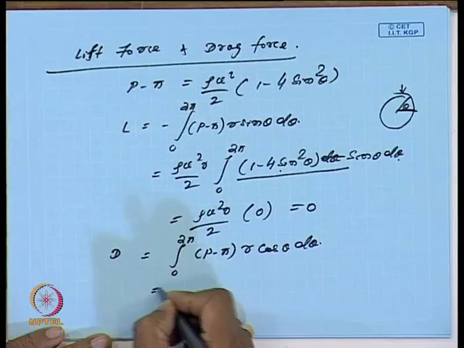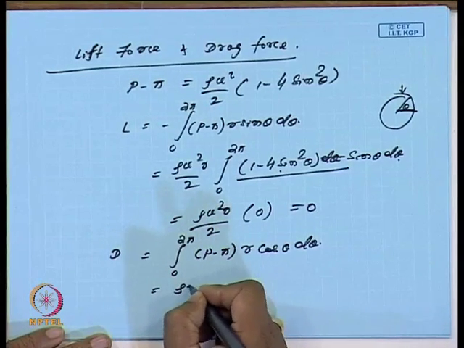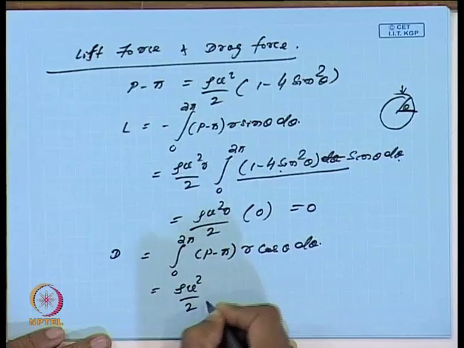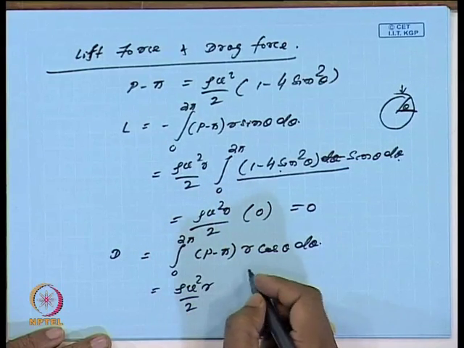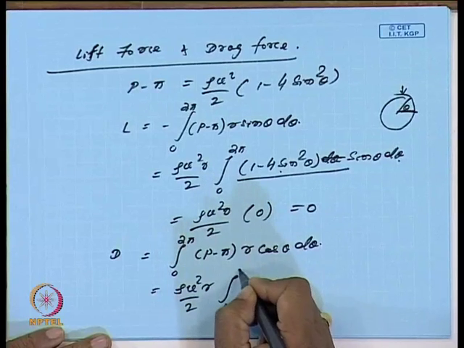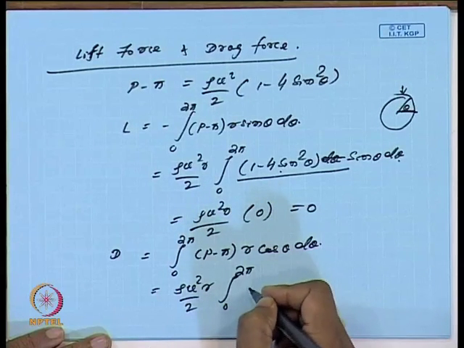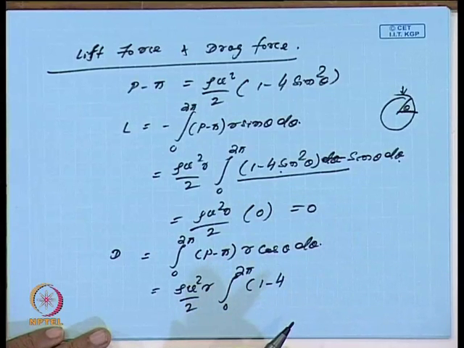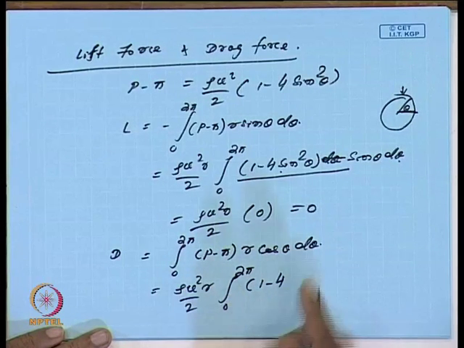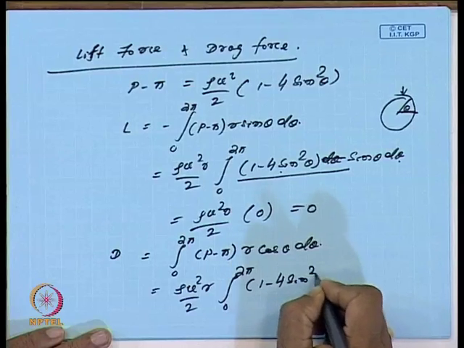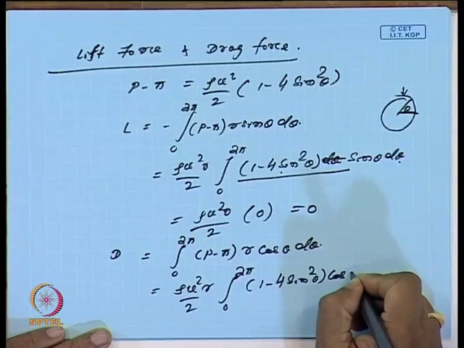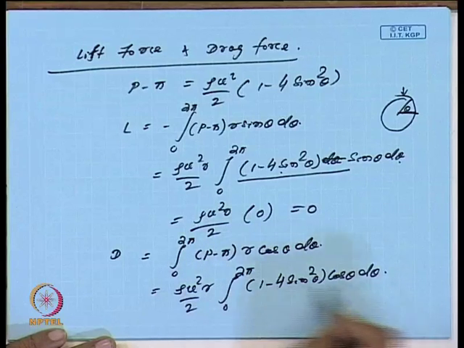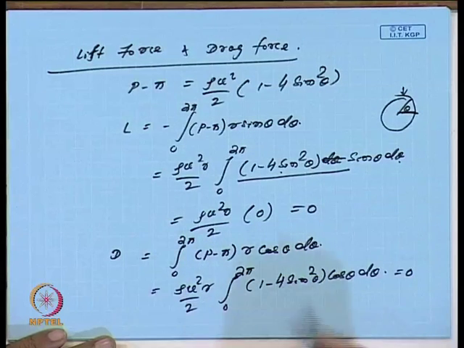That again gives us rho u square by 2 r into the integral 0 to 2 pi of 1 minus 4 sin square theta into cos theta d theta. Again it can be seen that this integral value is 0.